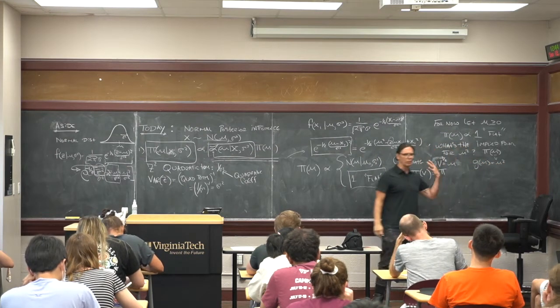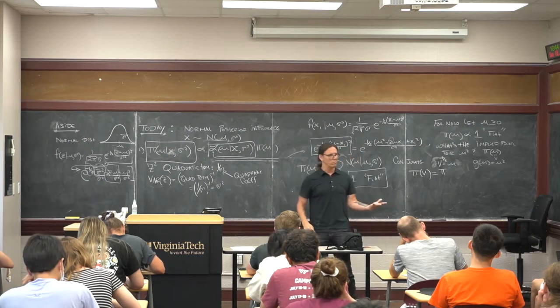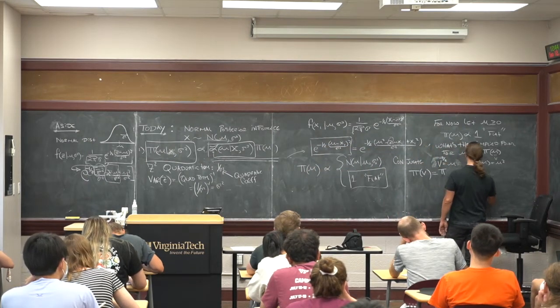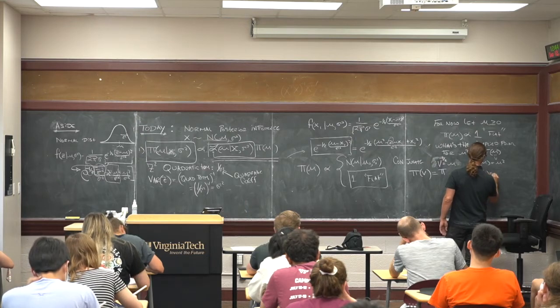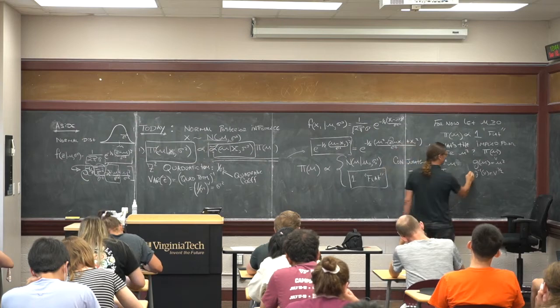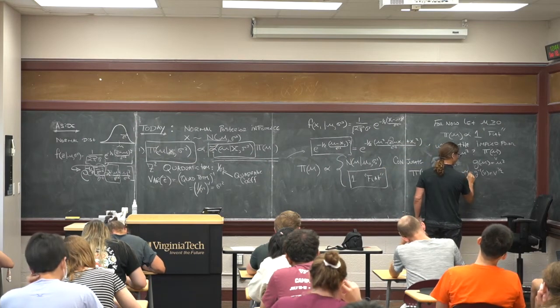So just following what you probably were exposed to in your probability books. And so g inverse of v is equal to v to the one half. And g inverse of v is equal to mu.